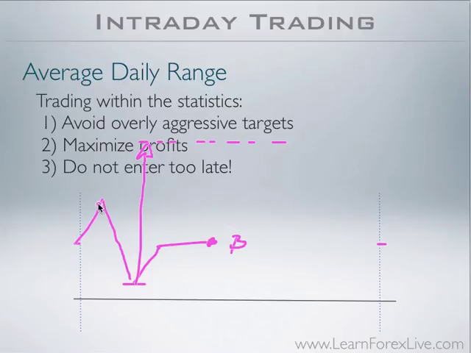What you do is you calculate the current day's range. This being the high for the day, this being the low for the day, and therefore this is the current day's range.